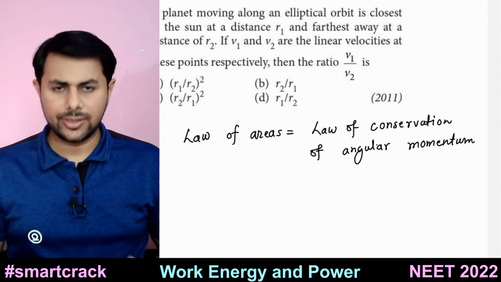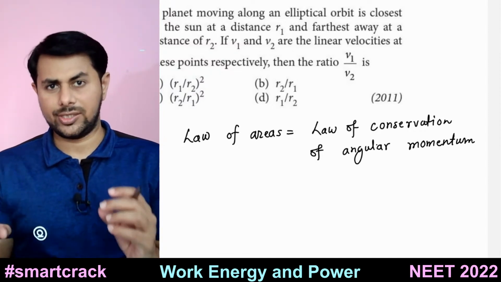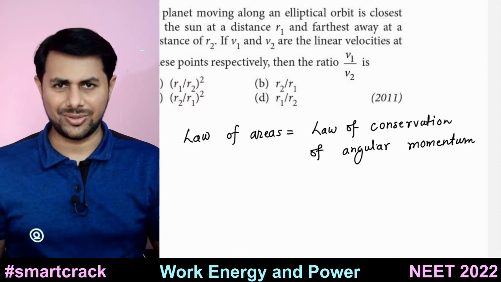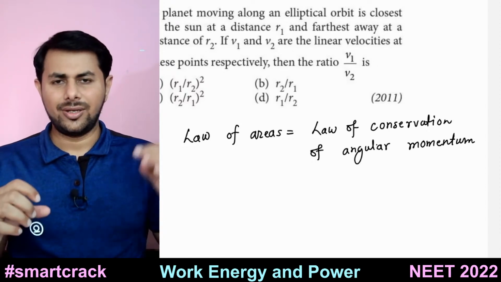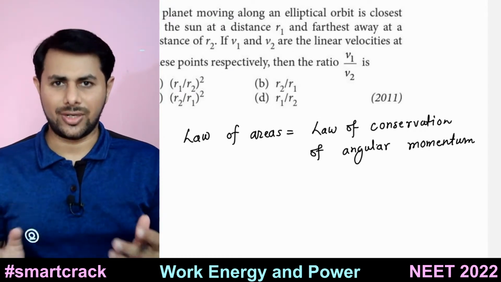Since there is no external force acting on this system, the angular momentum of a planet revolving around the sun remains constant.